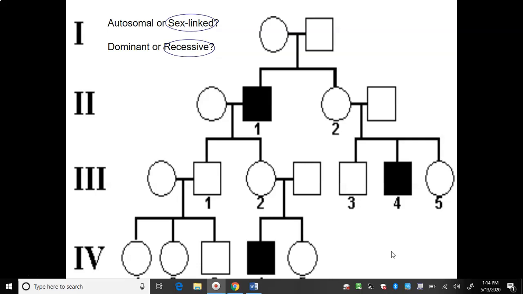Or you can write the two genotypes separately: X big H X big H, slash, X big H X little h. So you actually write both of them. I'm going to post another video tutorial and write that down so you can see what I'm referring to.